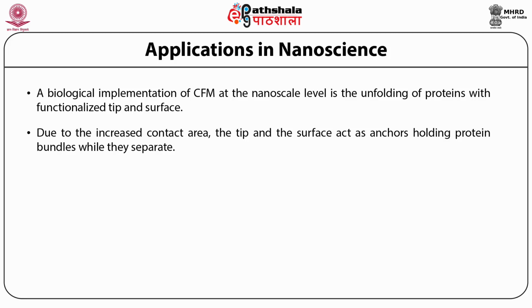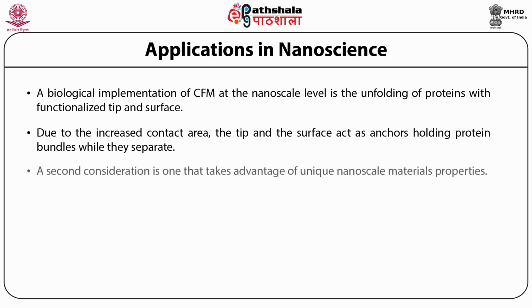Information on the internal structure of these complex proteins, as well as a better understanding of the constituent interactions, are provided with this method. A second consideration is one that takes advantage of unique nanoscale material properties.